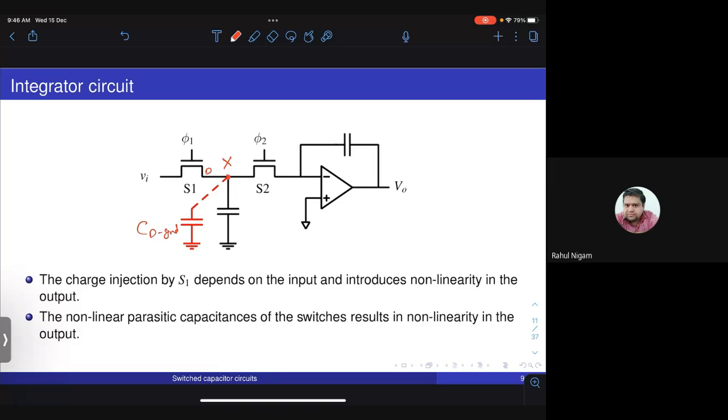One of the issues is this drain capacitance is non-linear, right? It's basically some kind of a diode MOSFET capacitance combination. So it is a non-linear capacitance.